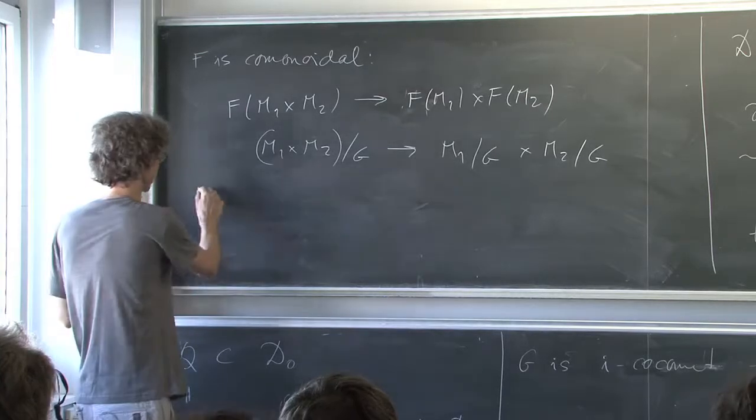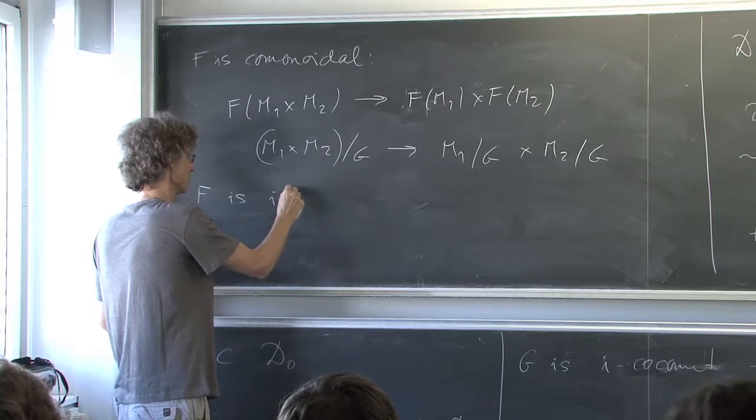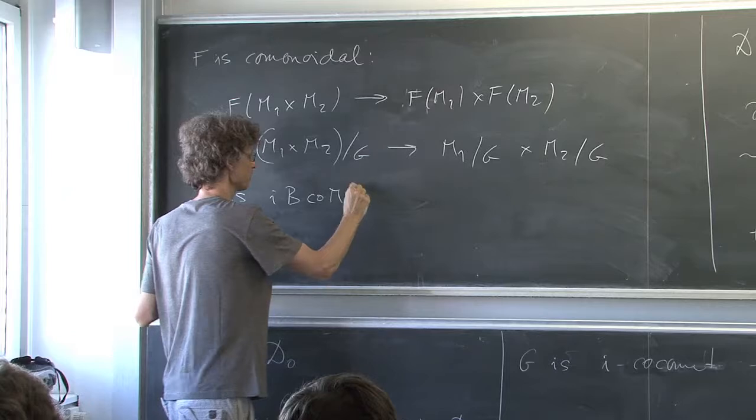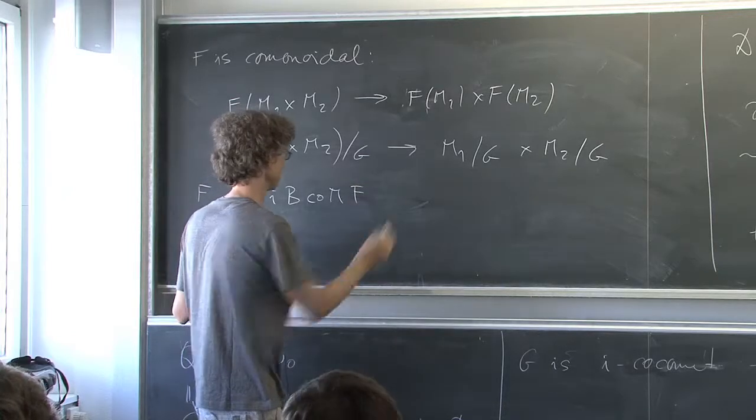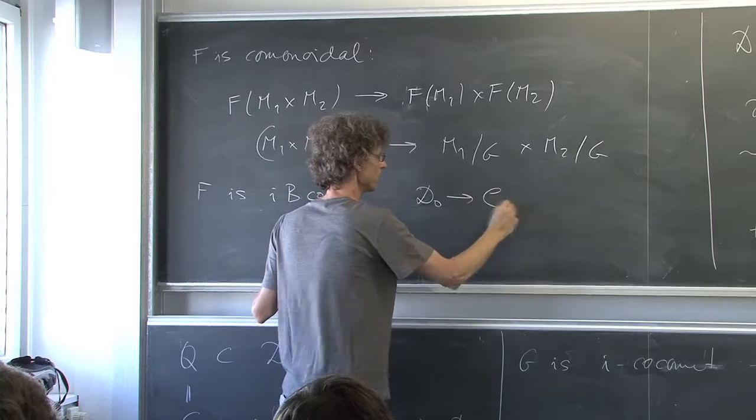So again, this F is an infinitesimally braided comonoidal functor when seen as going from D0 to C0.